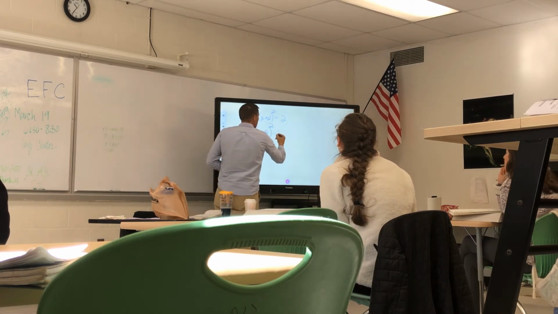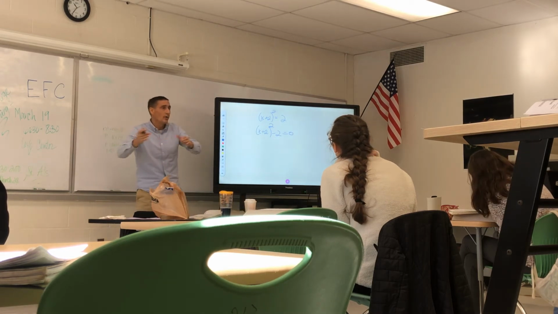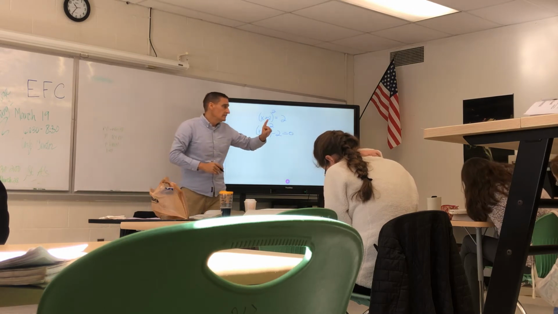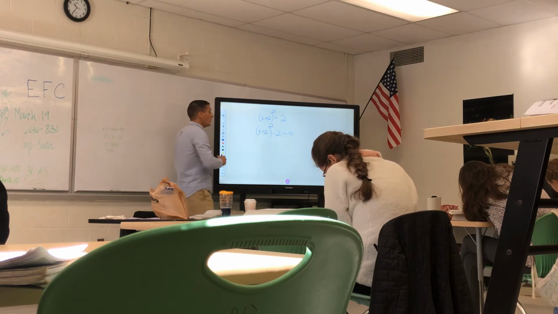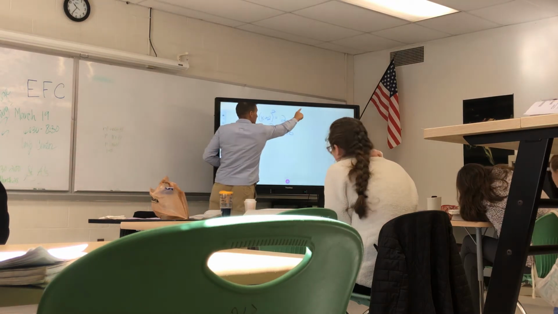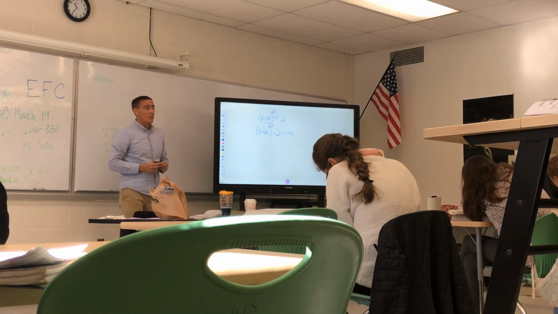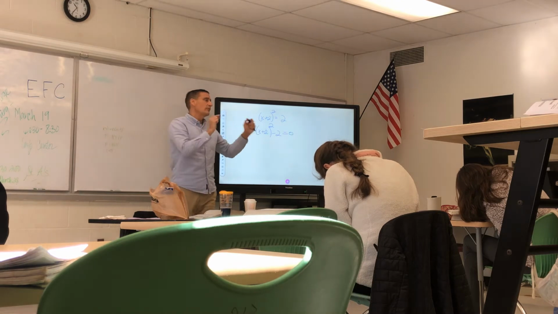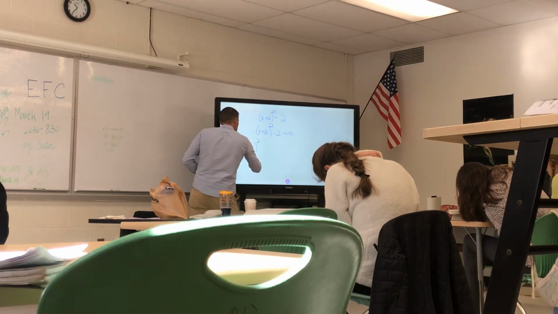Just bring him back. Converting from standard form to vertex form is one of the chief reasons we complete the square. So it's useful for getting roots, for getting vertex form of a parabola, and for putting a circle in its standard form. Because remember the equation of a circle?